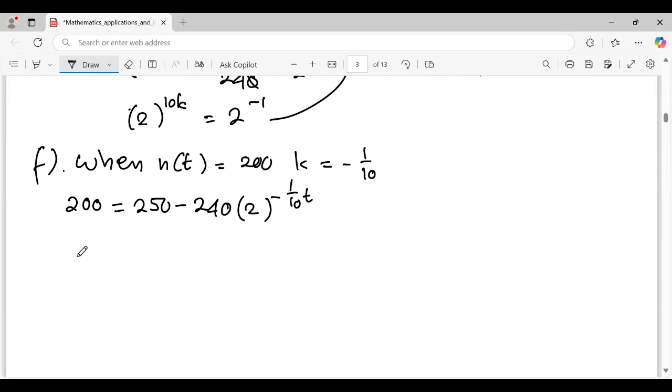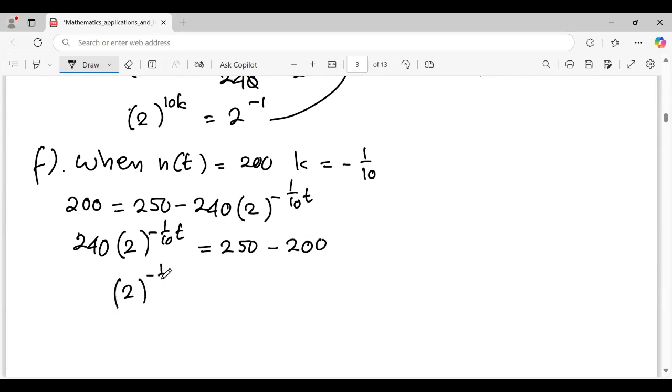We can rearrange this equation to become 240 times 2 to the power of minus 110t equals 250 minus 200. This is 50, so 2 to the power of minus 110t equals 50 over 240.